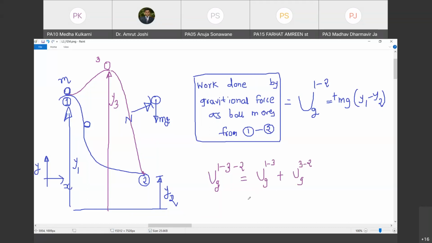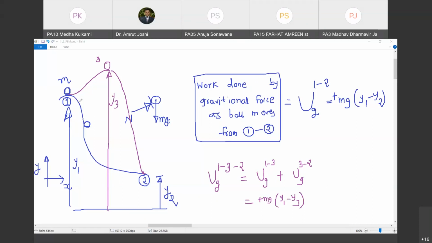Yes sir. What is the work done by gravitational force as it moves from 1 to 3? It is mg, what should I write? mg (y1 minus y3). Yes. And y3 is higher here. Do you agree with me? Yes sir. Therefore it is going to be negative. That we understand.